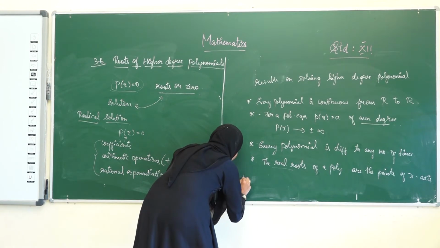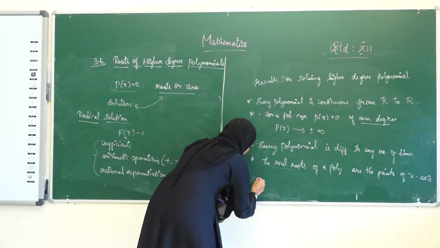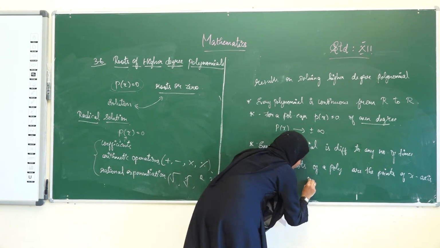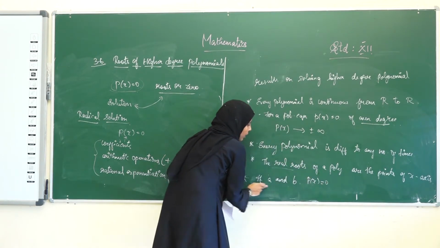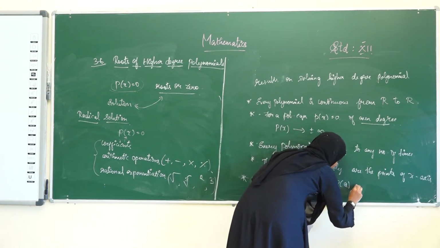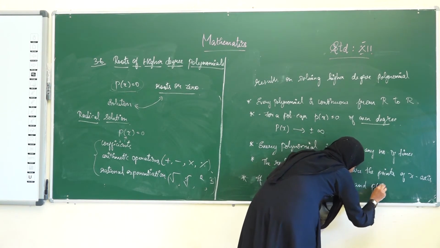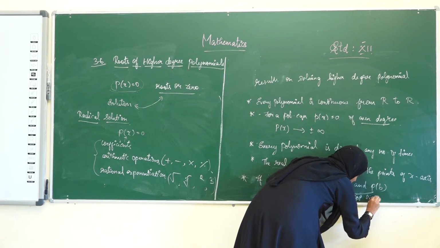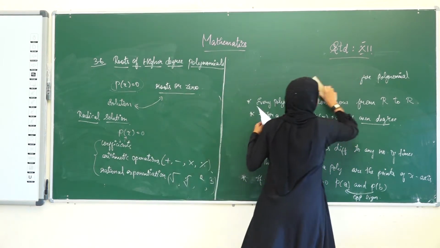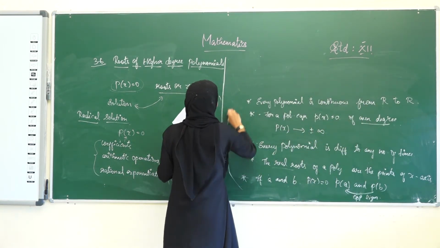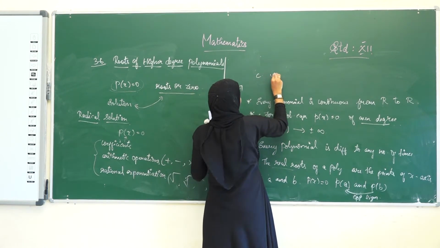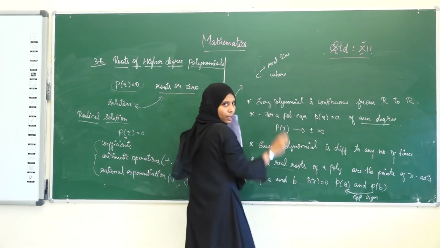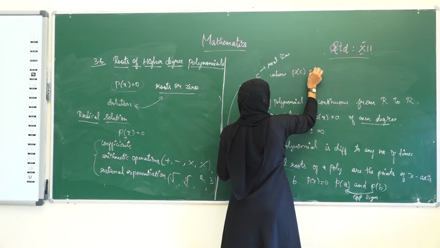The last thing they have given is an important term: if a and b are real numbers, and p of a and p of b are of opposite signs, then there is an element c in the real numbers where p of c becomes 0.